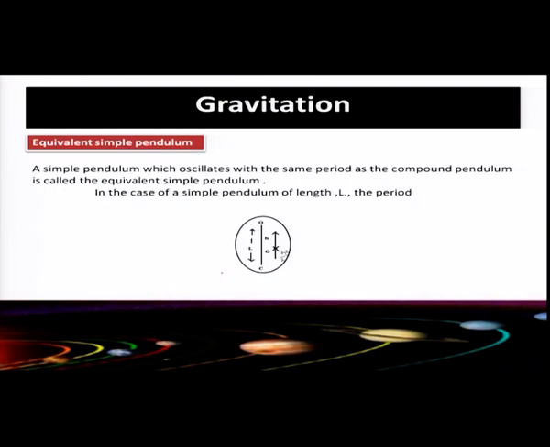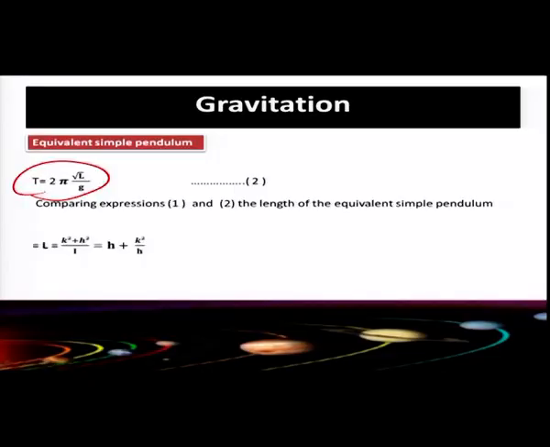Let us now say a few words about the equivalent simple pendulum. A simple pendulum which oscillates with the same period as the compound pendulum is called the equivalent simple pendulum. For a simple pendulum of length L, the time period is given by 2 pi root of L by g.